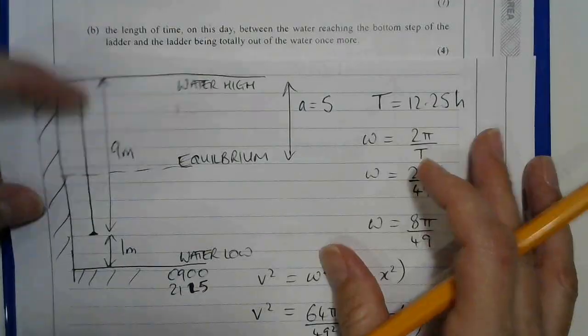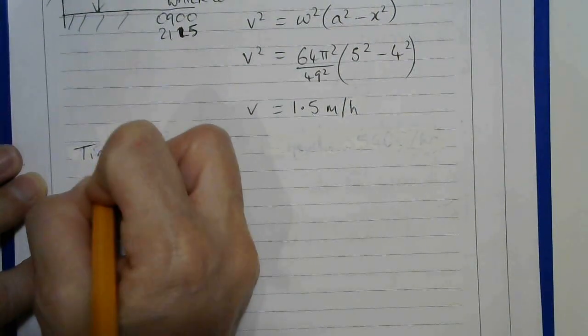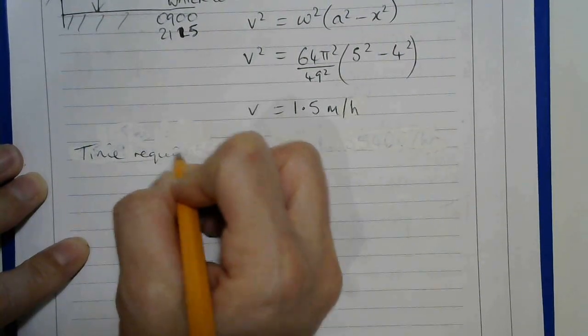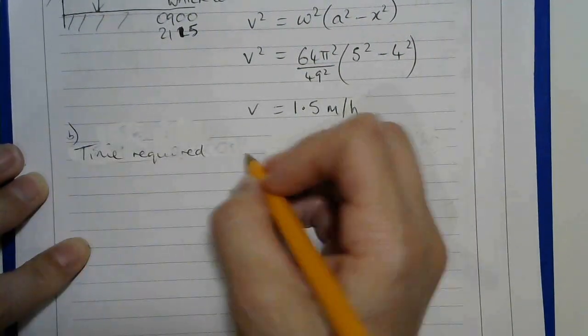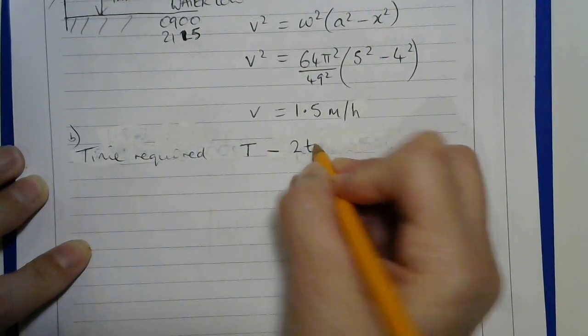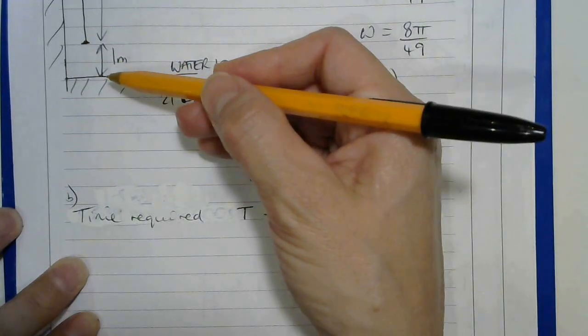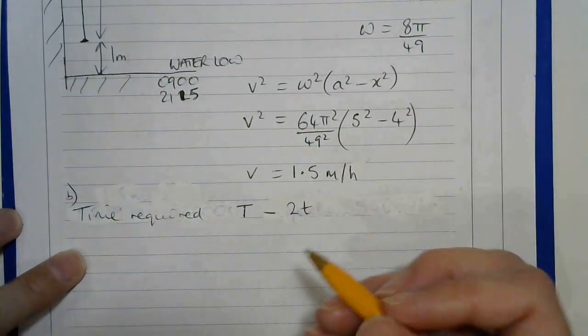So basically I want to find the time required is going to be the period minus 2 times t, where t is the amount of time it takes for the water to go from here to here.